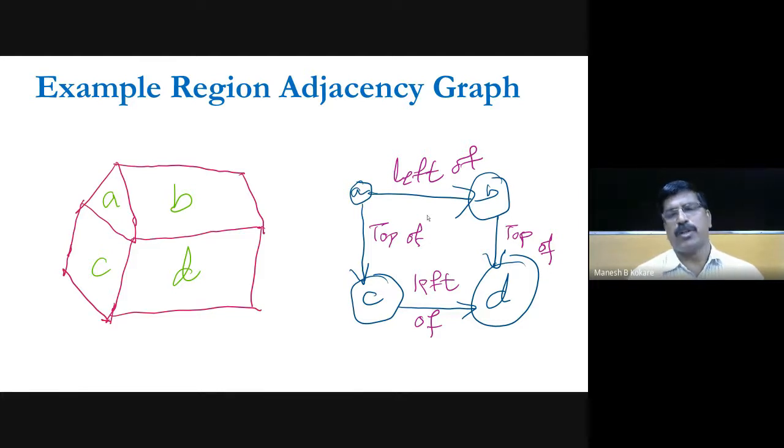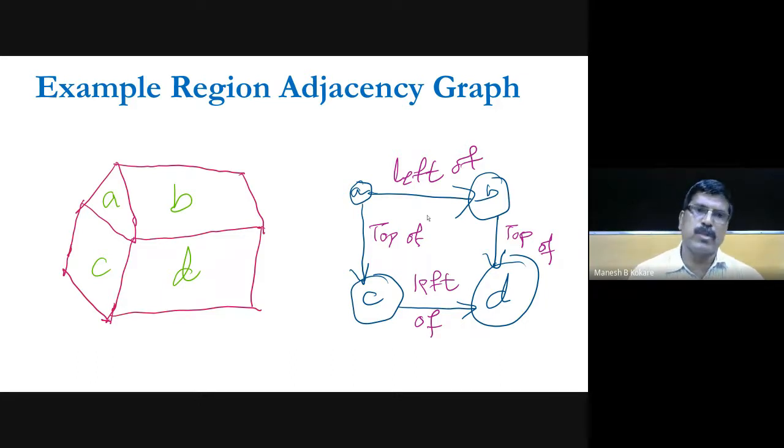So in this lecture, we have studied three methods for representation of the graph. Okay, one is directly from the skeleton, second one is obtaining the graph by region decomposition, and third one is representing the graph by using region adjacency method and so on. So these are the three well-known methods used for graph representation.